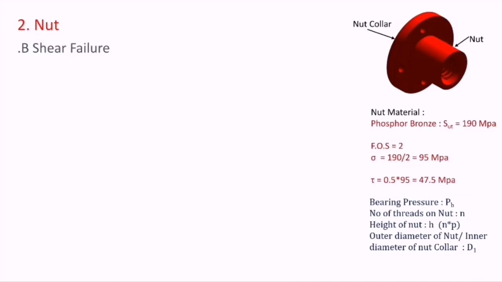The threads of the nut are also failed by shear. Hence I will use the shear failure and I will write tau is equal to W divided by pi multiplied by d0, that is the circumference of the nut, multiplied by t, that is thickness, multiplied by n, that is number of turns. t we can substitute as pitch by 2, hence the formula will become tau is equal to W divided by pi into d0 multiplied by pitch by 2 multiplied by n.